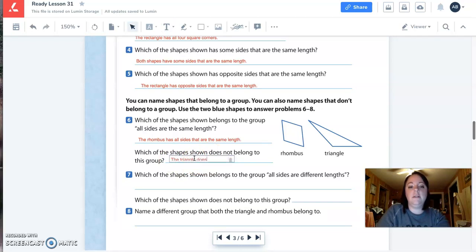The triangle does not belong in this group. And if you guys notice, I'm also using full sentences, so that way we know, in case we ever have to write full sentences on our state test and they ask for it, we're showing our work.